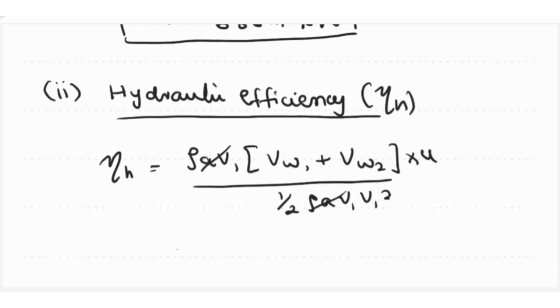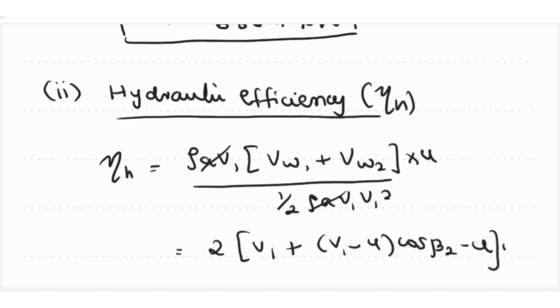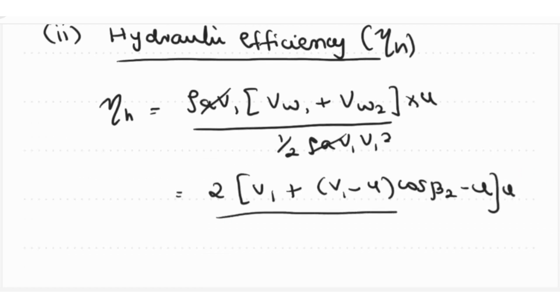So we will get this 2 goes to the numerator, 2 into vw1, vw1 is equal to v1, plus vw2, which is nothing but vr2 cos beta 2 minus u. So vr2 will be v1 minus u, into cos beta 2 minus u, into u, divided by v1 square.